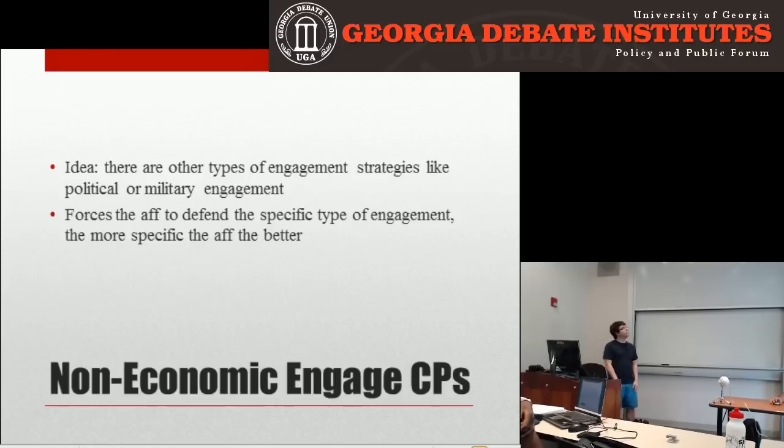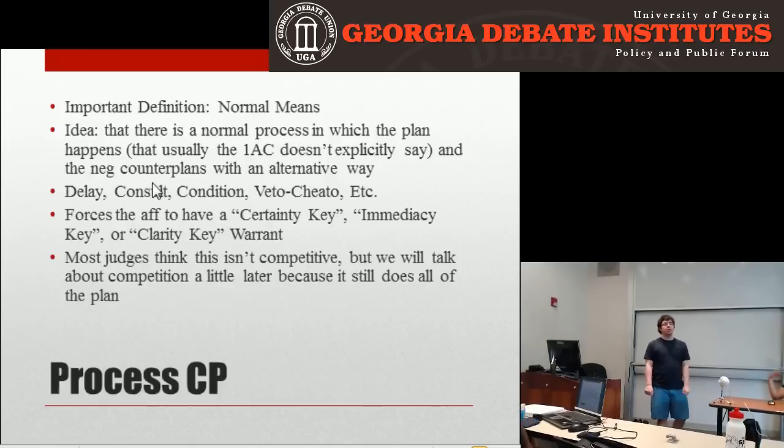Okay, a slightly more complicated counterplan is a process counterplan. An important definition you need to know for this is normal means. The negative will say that there is a normal way that the plan should be implemented, right?